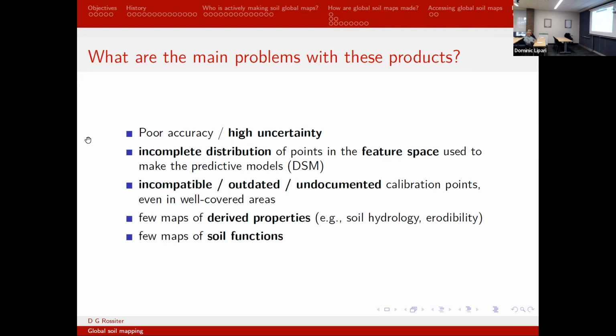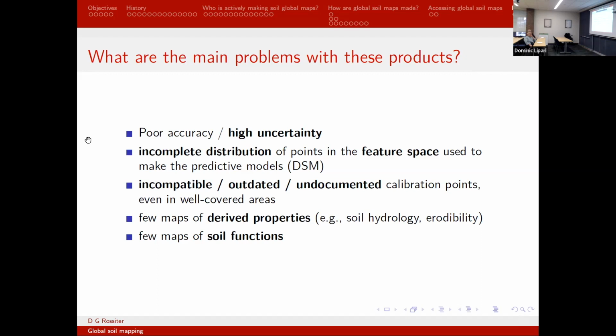But we have that wide incomplete distribution of points in feature space, meaning there are environments that we've hardly sampled or that we don't have the data available. Some combination of environmental factors where we haven't gone and seen that data.